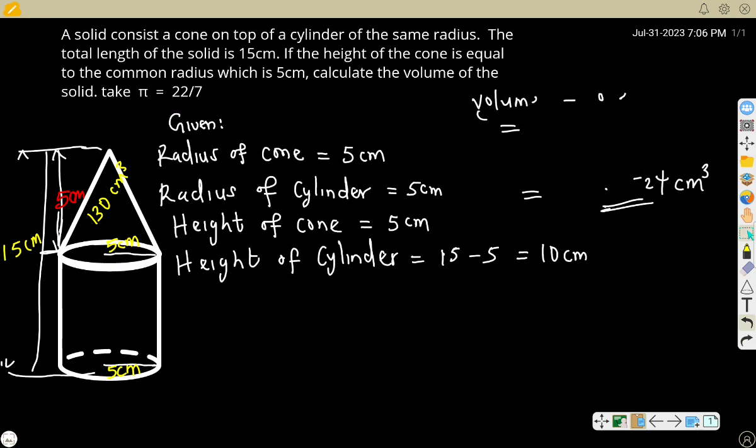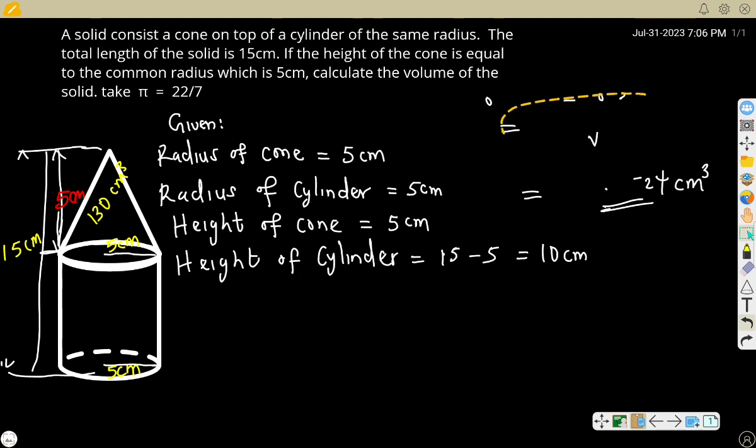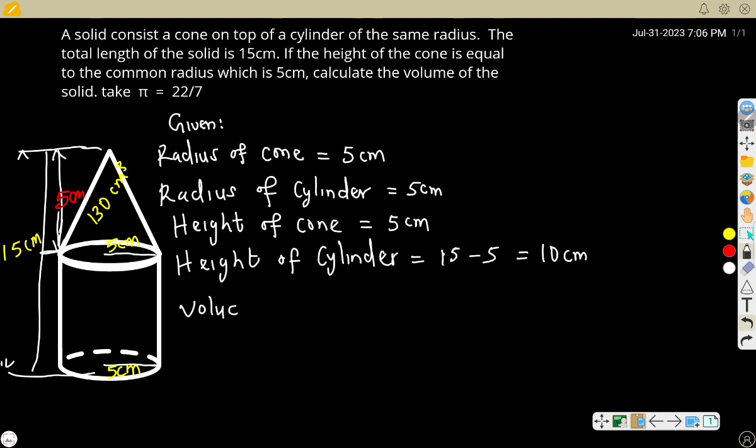So volume of cylinder is equal to pi r square h.